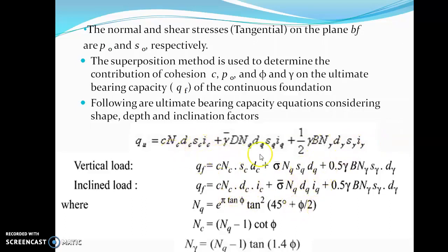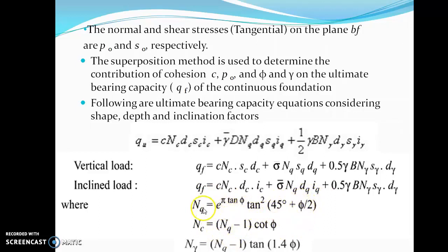What are Nc, Nq and N gamma? These are bearing capacity factors. The equations governing Nc, Nq and N gamma are also given by Meyerhof, and at the end of the presentation we will see that they are tabulated for various values of phi. You can clearly see they are a function of phi.